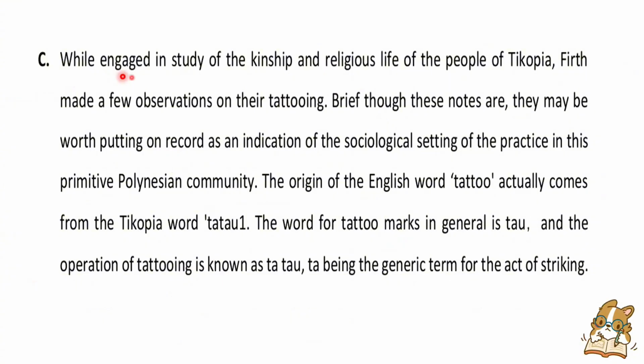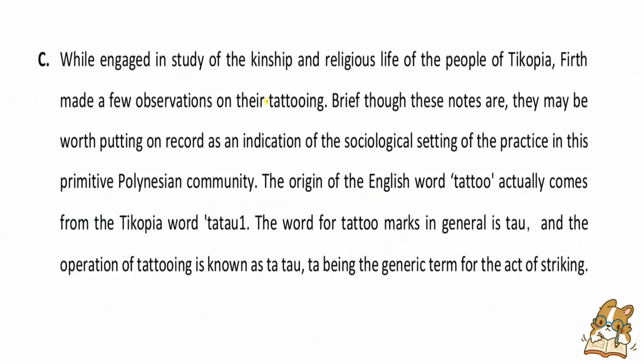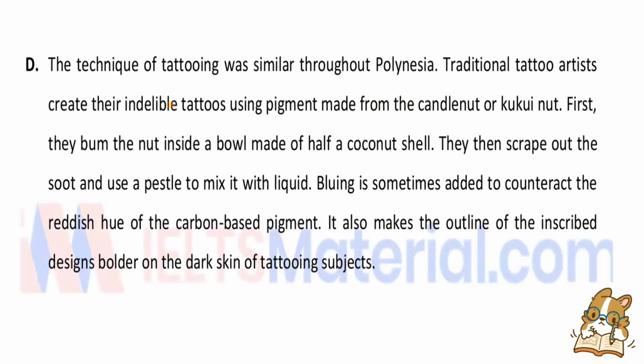Now let's go to paragraph C. Here we can see the word tattooing, but let's keep on reading until we find bowl of blank or a synonymous word to it. All right, we can't see anything.